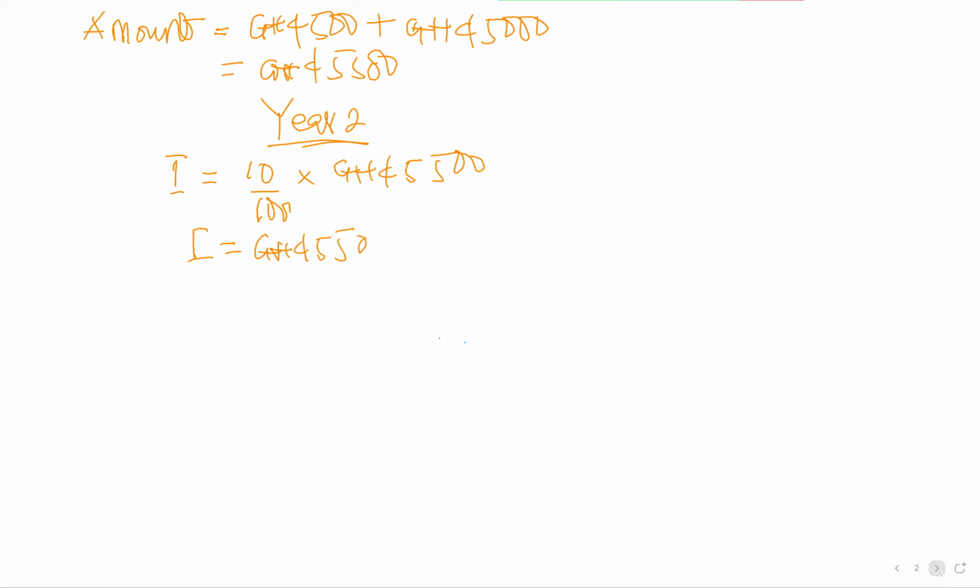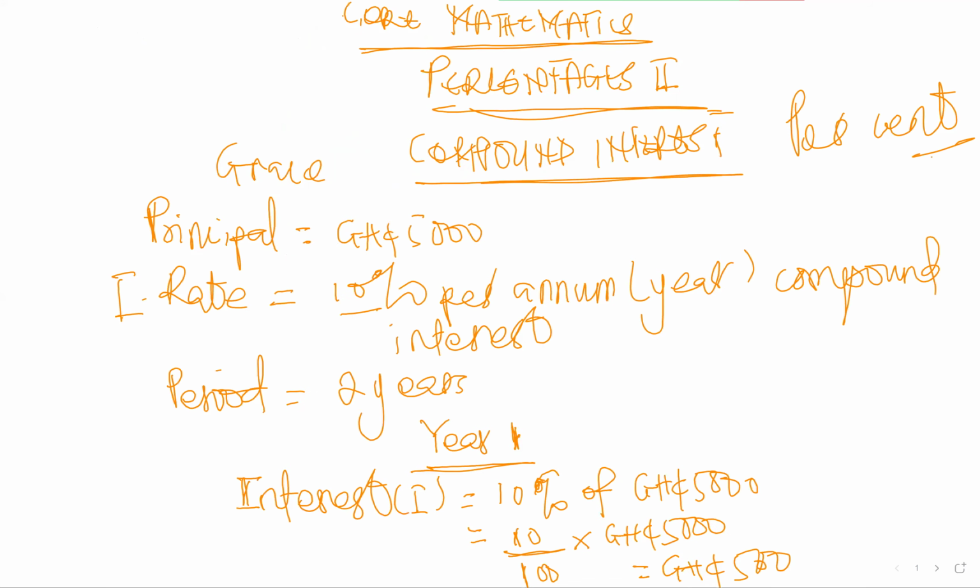I just want you to appreciate how compound interest works. Check something. In year 1, when we were calculating the interest as a percentage of her capital, she made an interest of 500 cedis.